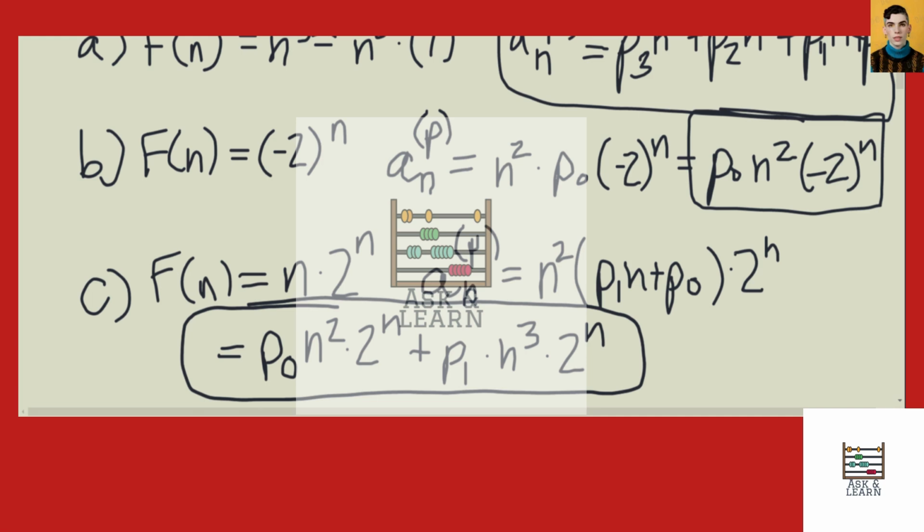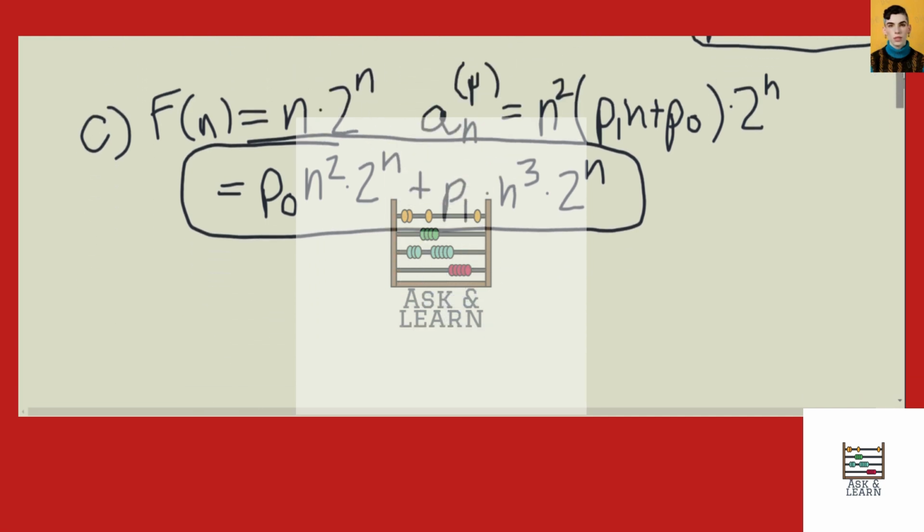In part D, we're given that f(n) is equal to n^2 times 4^n. 4 is not a characteristic root, and we have that n^2 is a polynomial of degree 2.